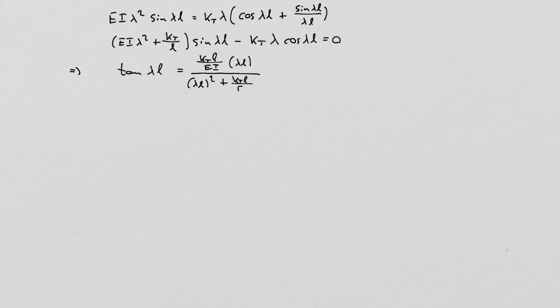The reason we have created this factor of kt times L divided by the bending stiffness is that in the exercise it was given that exactly this factor was equal to 10 in our specific case.